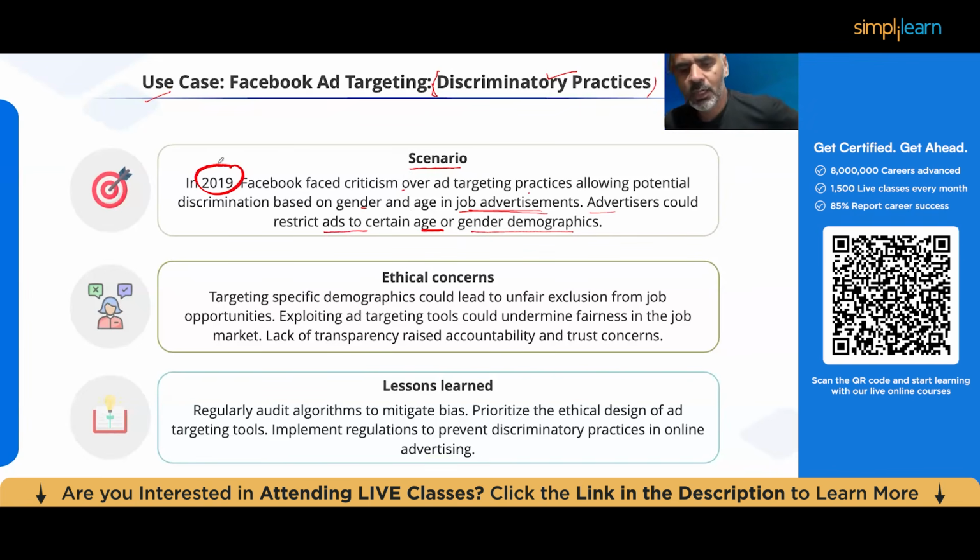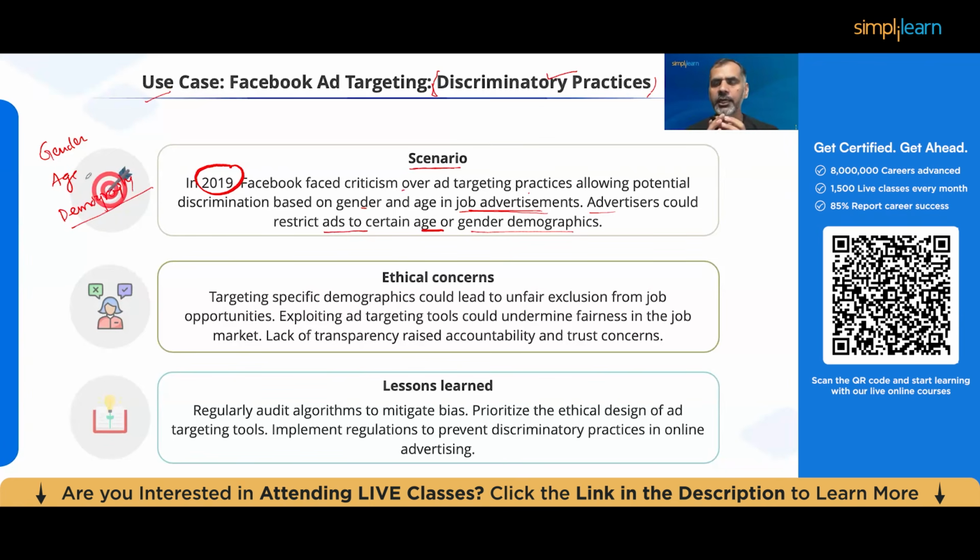So when we use Facebook for social advertisement, we can add different filters. You may add those filters based on gender, based on age, or based on certain demography. These are the different features that Facebook has, and you can apply these filters. So the advertisement becomes a targeted advertisement.